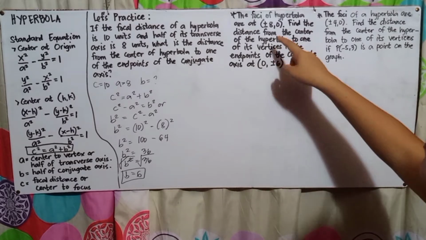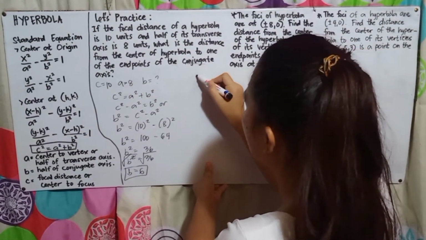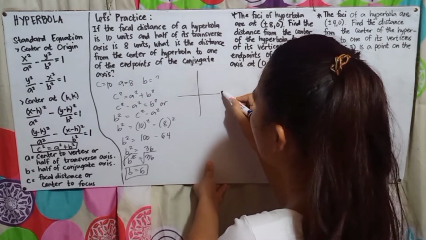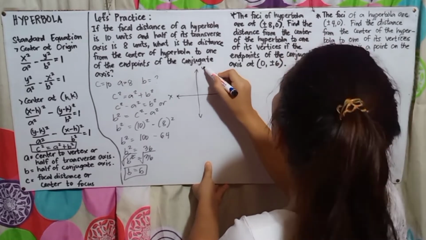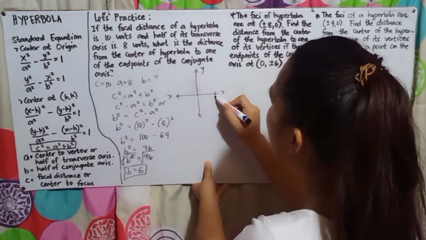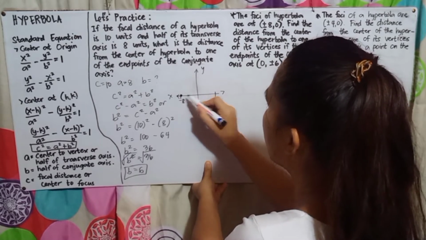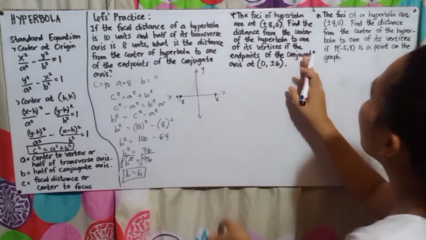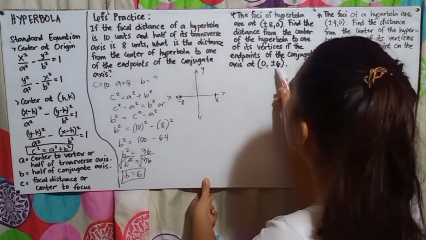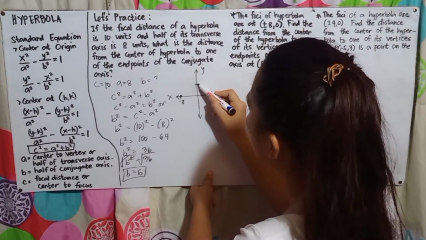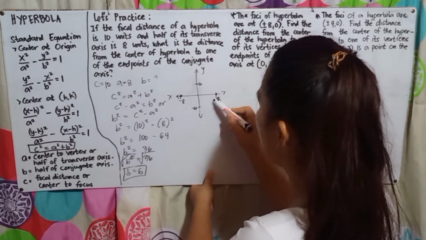Since ang given is foci ng hyperbola, i-illustrate natin sa ating Cartesian plane. Given is positive 8 and negative 8, 0. And then the endpoints of the conjugate axis are 0, positive 6, and negative 6. Ayan.